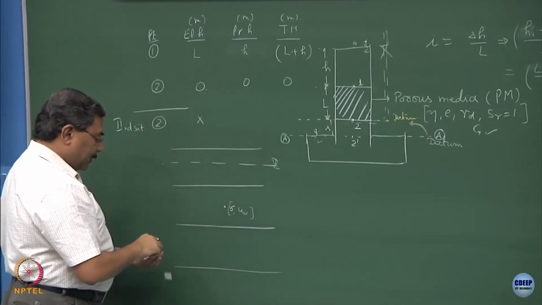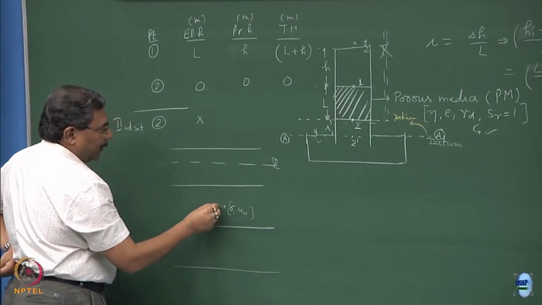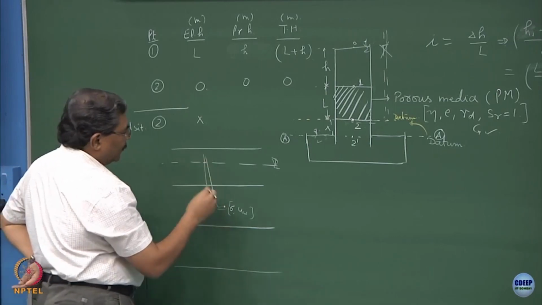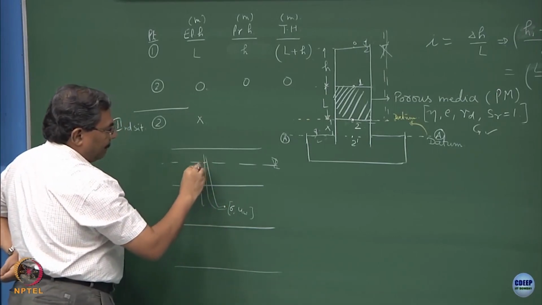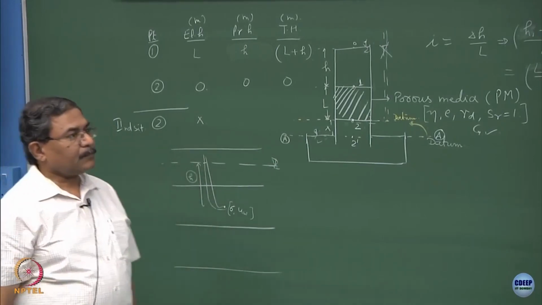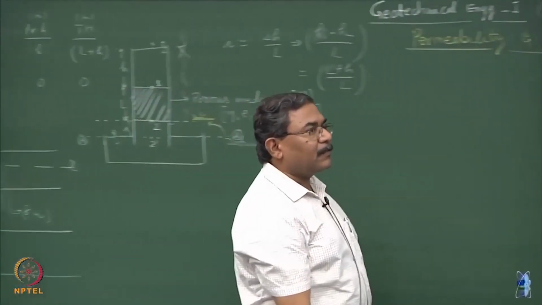In this case I can install a piezometric tube over here, and this is what is going to rise up to this point, and hence the head is going to be this much. So, what is the difference between this situation and this situation? Anybody in the class?